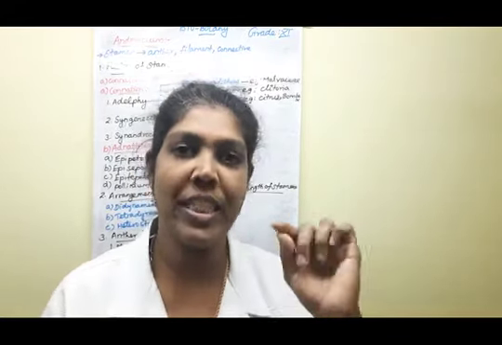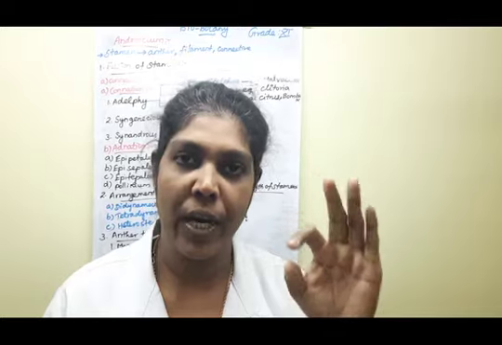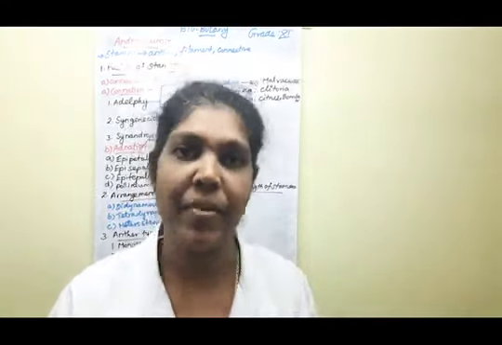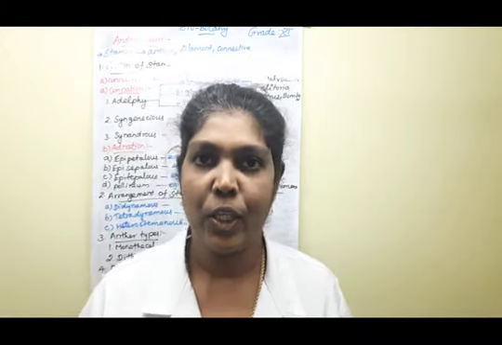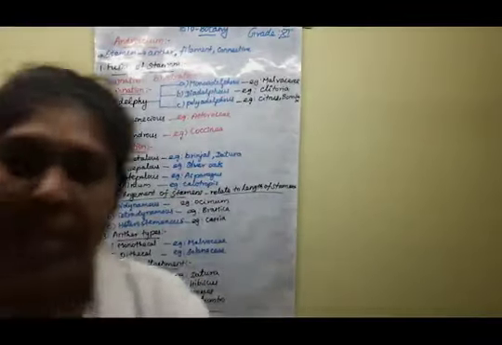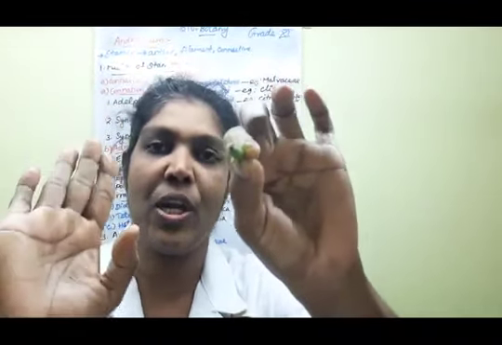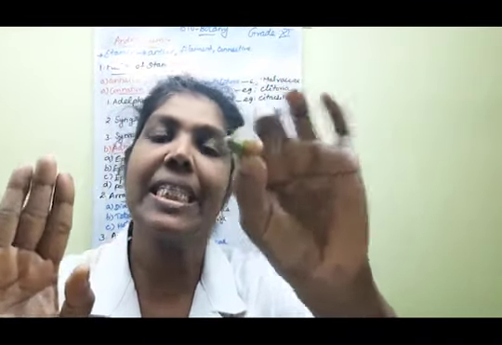The arrangement of the sepals or petals in a flower bud condition is known as estivation. Understand? So once again, I will repeat that. The arrangement of the sepals or petals in a flower bud condition is known as estivation.